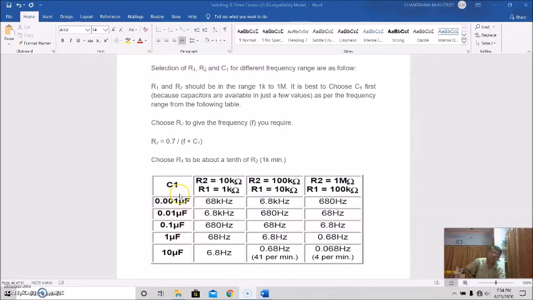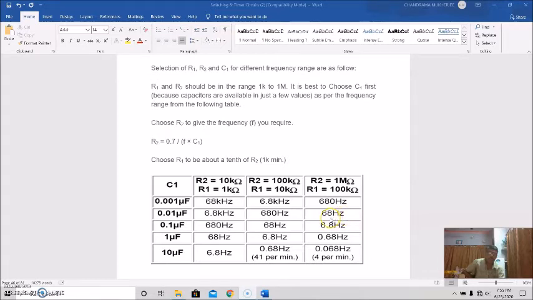In this way, if we go for 0.01 microfarad, with R2 of 10 kilo ohm it will be 6.8 kilohertz, and for R2 of 100 kilo ohm and R1 of 10 kilo ohm, it will be 680 hertz. If R2 is 1 mega ohm, R1 is 100 kilo ohm, and C is 0.01 microfarad, you will get 60 kilohertz, of course.